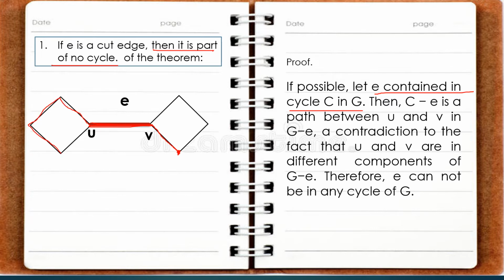Oops, I cannot go to vertex U, because by the definition of a path, we can only use a vertex once, unless we go back to the starting vertex.